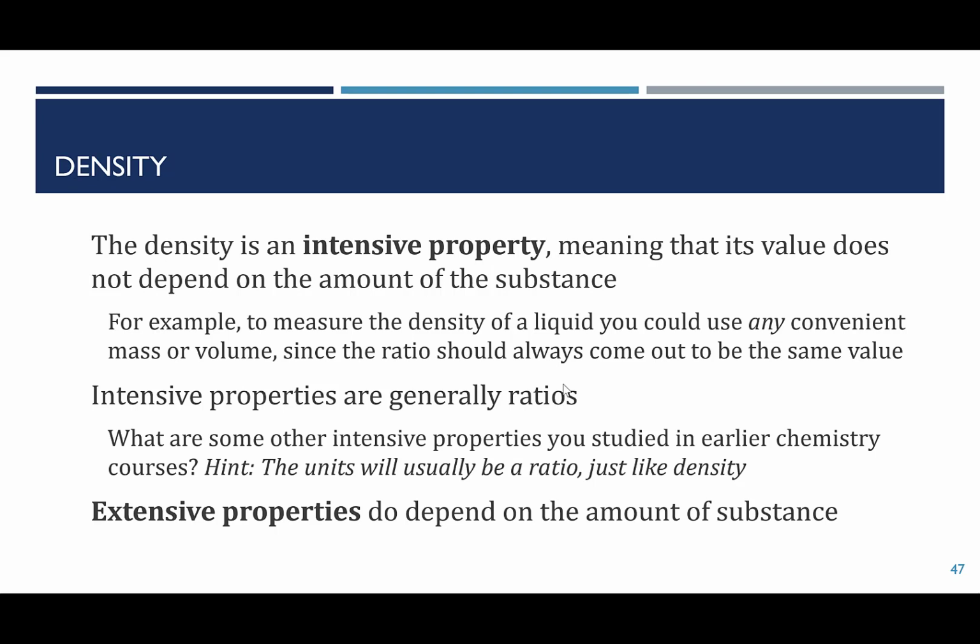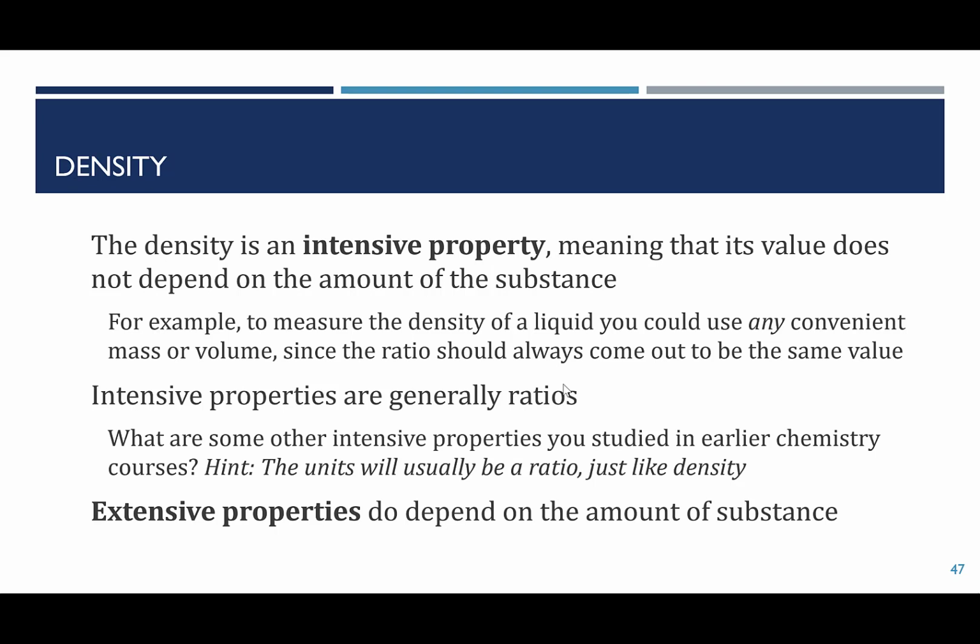Well, how about grams per mole? Remember grams per mole, that is the molar mass. That is an intensive property. Carbon dioxide, for example, always has a molar mass of 44.01 grams per mole. That doesn't vary. Same thing with water, H2O, 18.02 grams per mole. Doesn't vary. Okay.